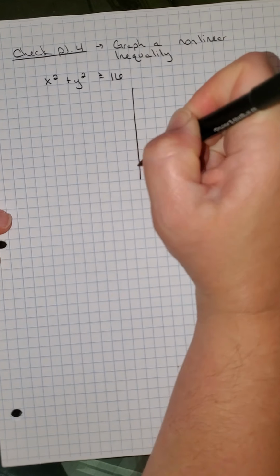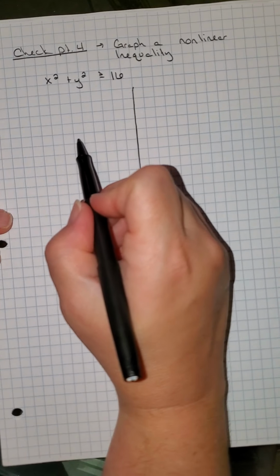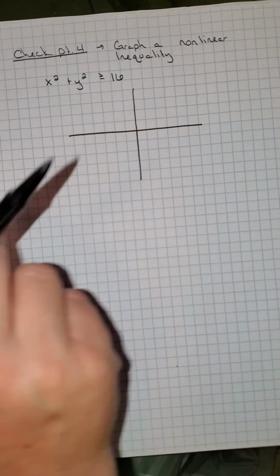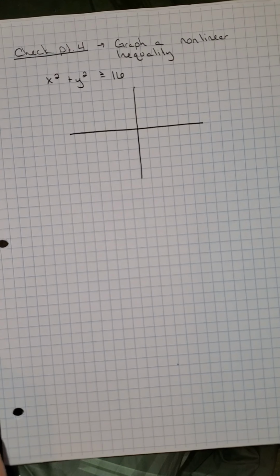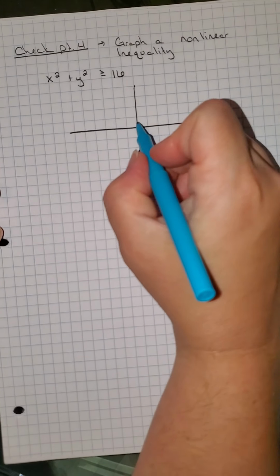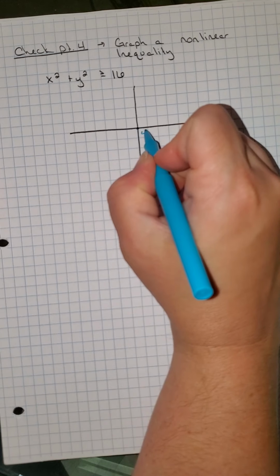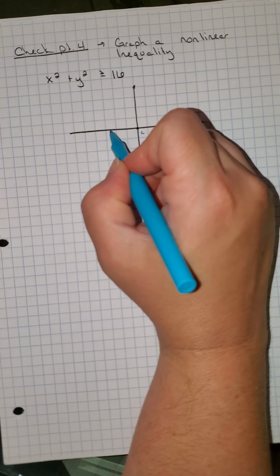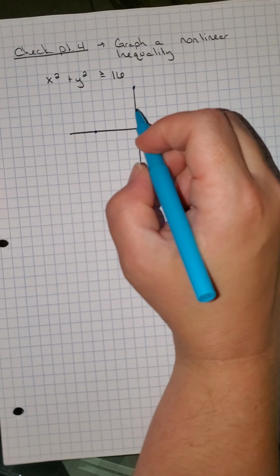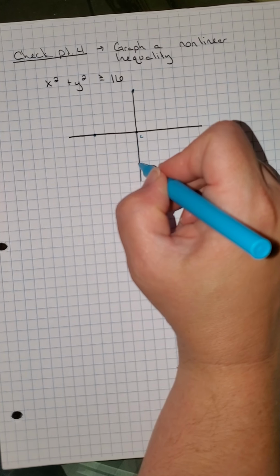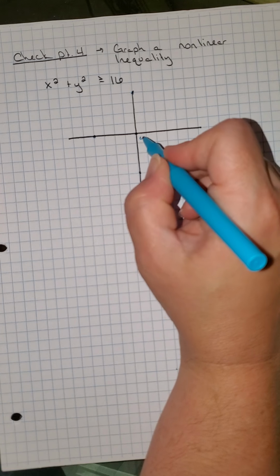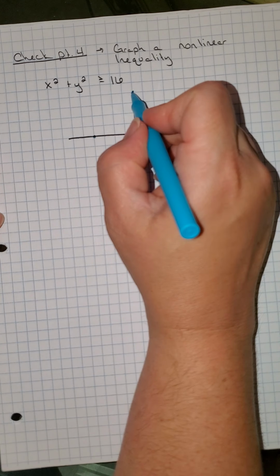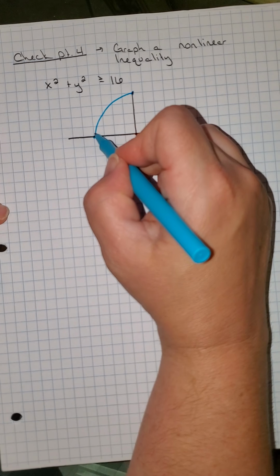That's a circle with a center at 0, 0 and a radius of 4. So center at 0, 0, go out 4 in every direction. It's greater than or equal to, so it'll be solid.